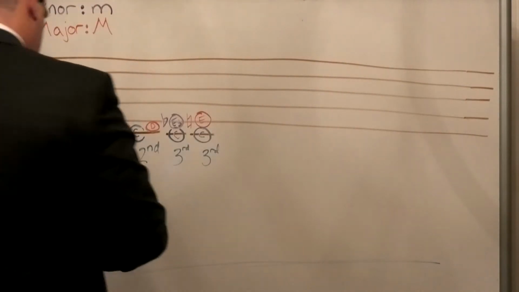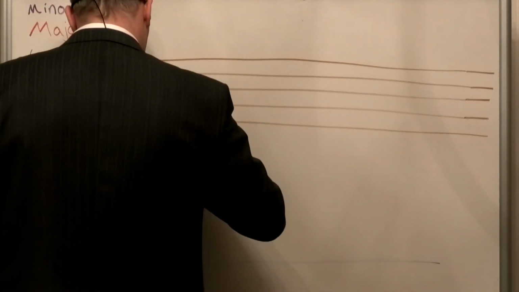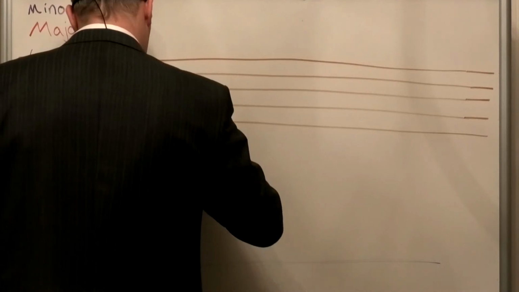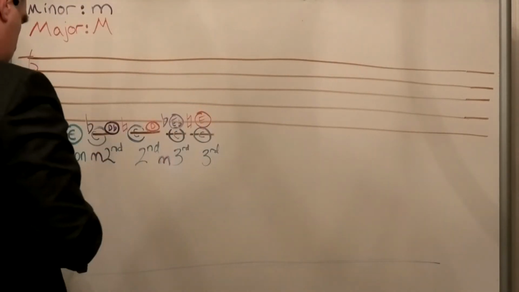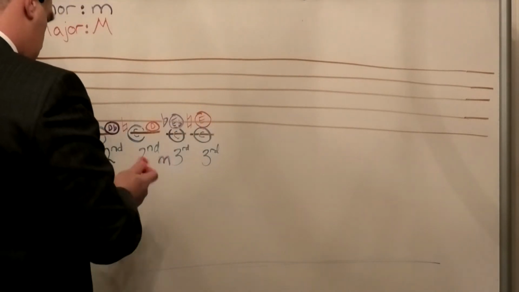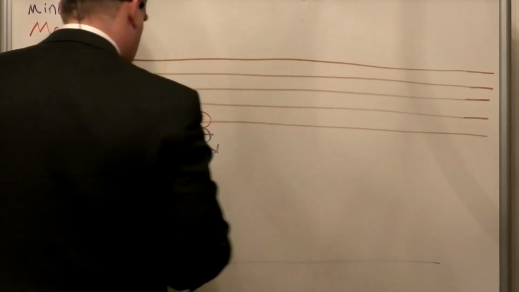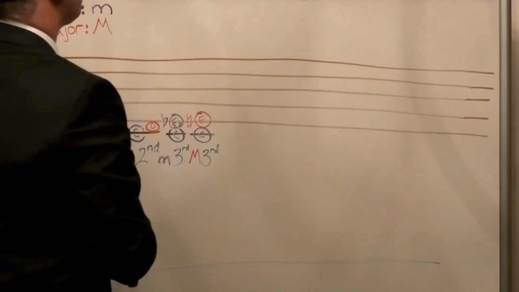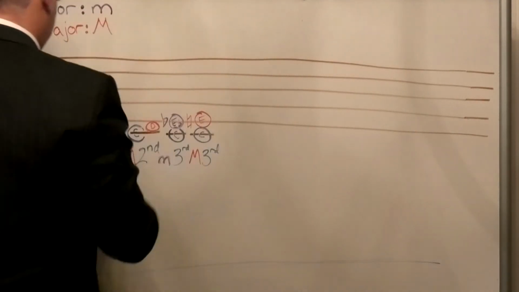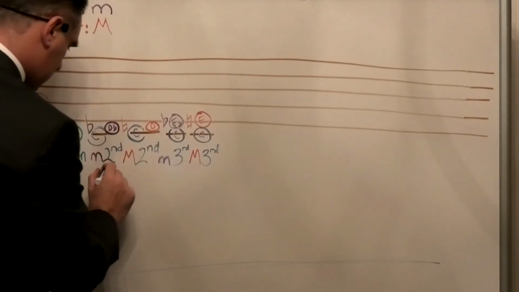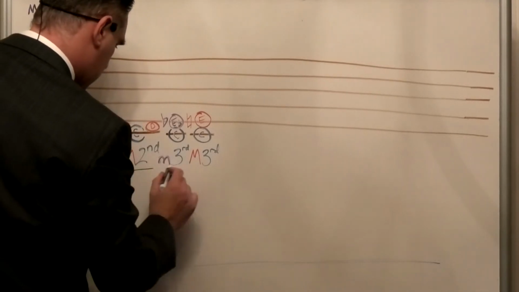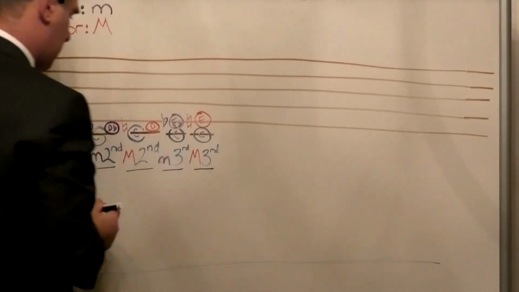So the narrower third is going to be the minor third, and the wider third, we're going to call the major third. Just like the seconds. The narrower interval is minor and the wider interval is major. So we have a minor third and a major third. Minor second, minor third, major third.